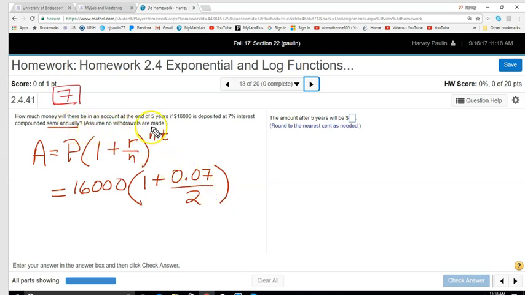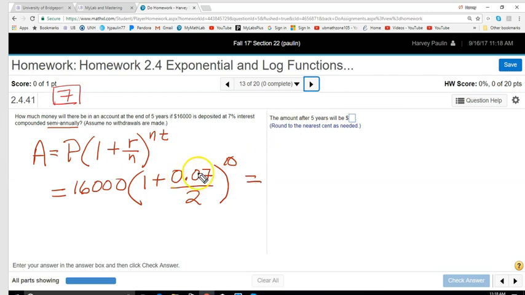And then we need the time, and it's going to be 5 years. But we also need this n, which is 2 times 5 years. And would you agree that 2 times 5 makes this a 10? So we'll erase that just for ease of computation and put a 10 there.